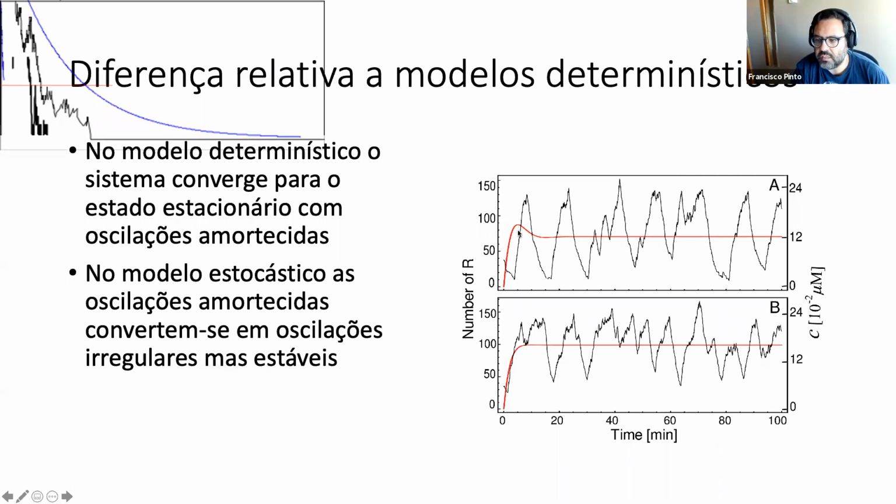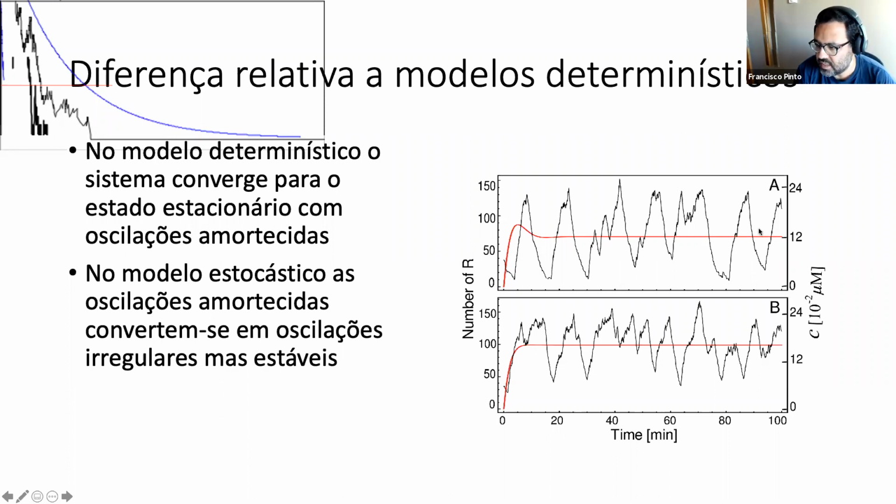But in the stochastic simulation with noise, so with stochasticity, you observe these periodic oscillations. They are not perfect oscillations. They have a noisy shape, but the system will not converge to a very stable fixed point.